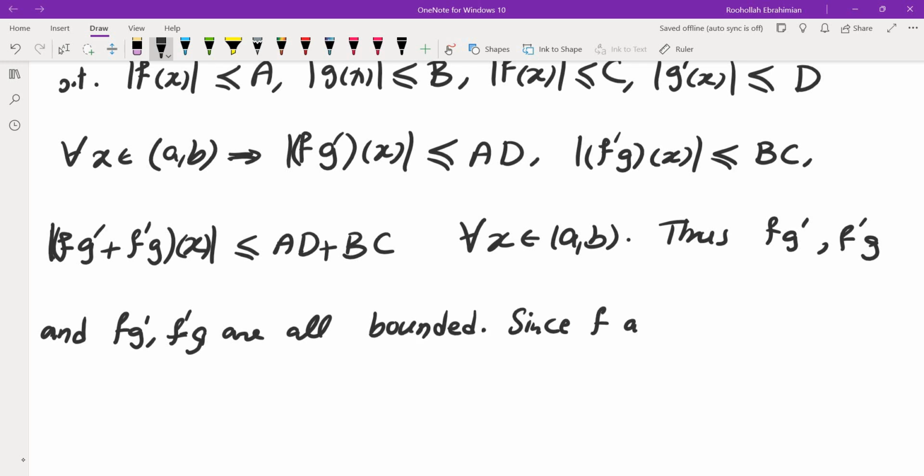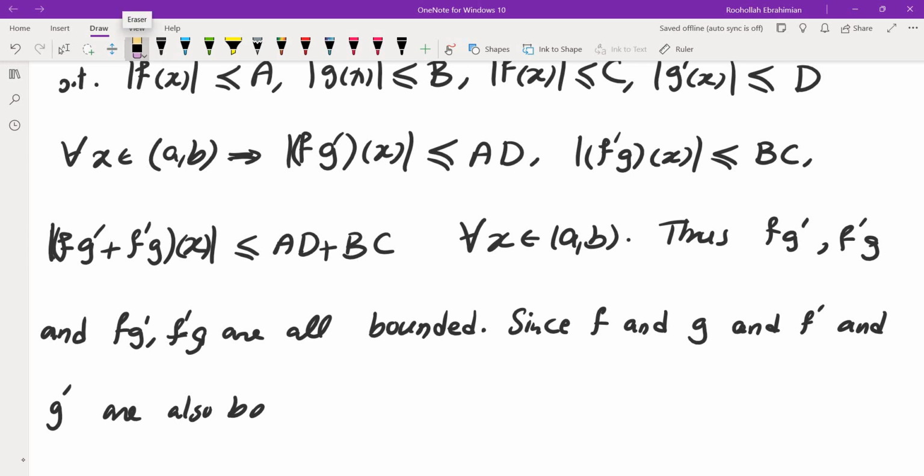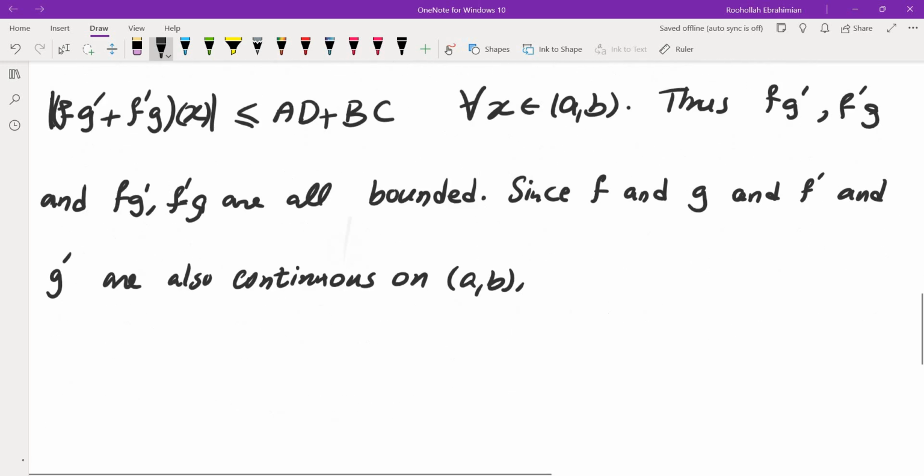Since f and g and f prime and g prime are also continuous over the open interval, we have four continuous functions over the open interval. Any product of them or sum of them is also going to be continuous over the open interval AB.